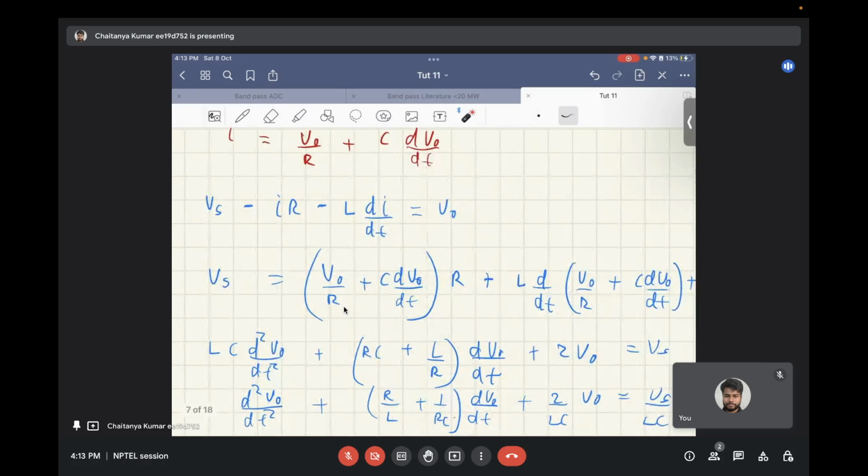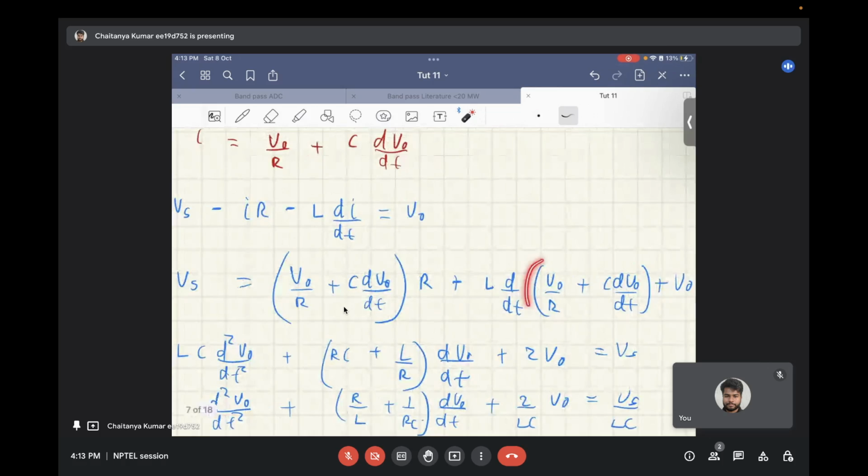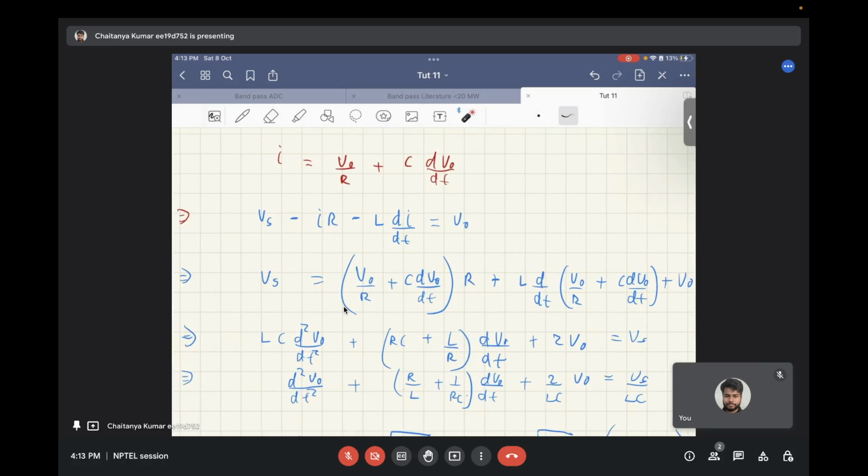that is V naught by R plus C dV naught by dt times R plus L d by dt of I. Now, what is the value of I? That is V naught by R plus C dV naught by dt, and then finally plus V naught. So I have taken these two terms to the RHS, and that's how I get it.